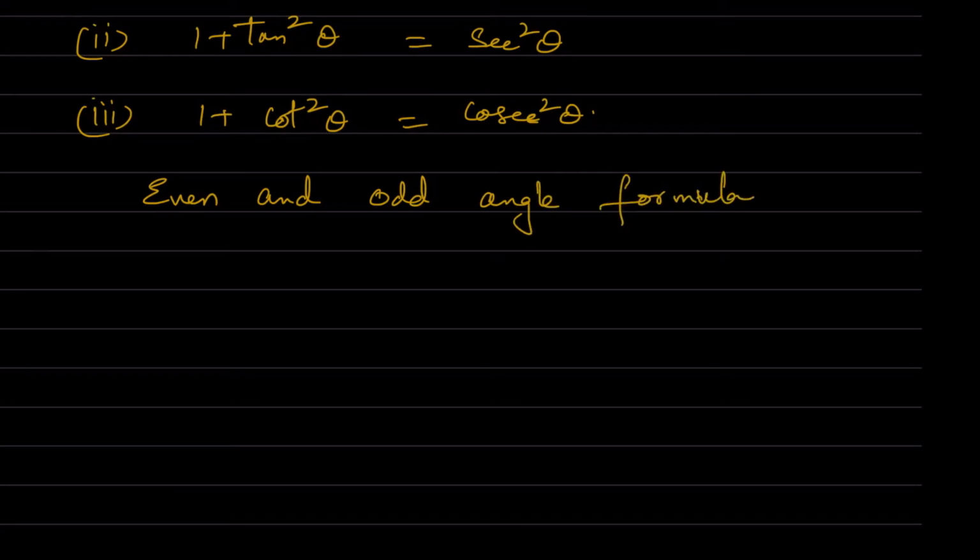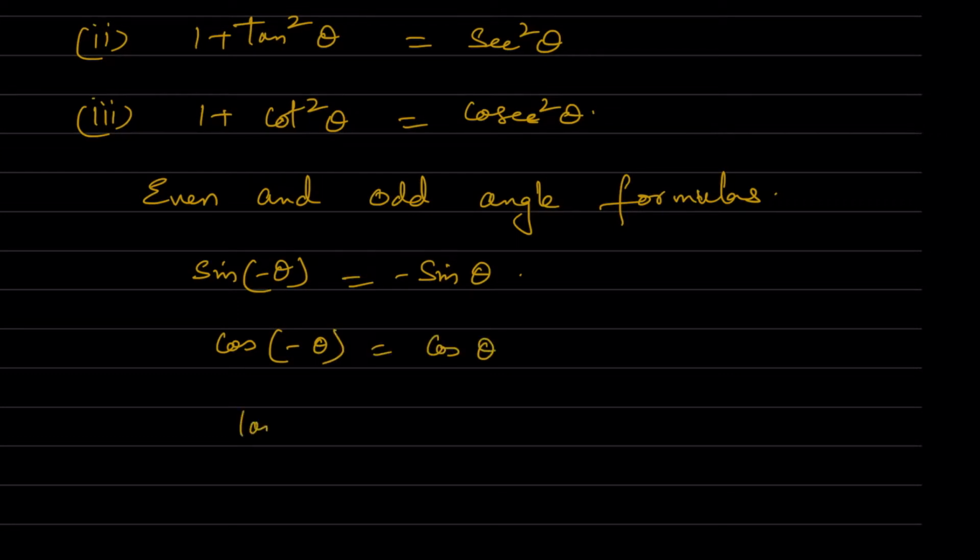So even and odd angle formulas, what are those? We'll just see. Sine of minus theta is equal to minus sin theta. Cos of minus theta is equal to cos theta. So only cos theta and secant theta will be positive whenever taken with a negative angle.